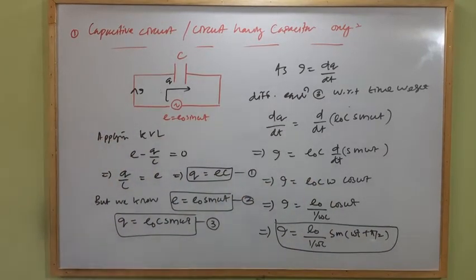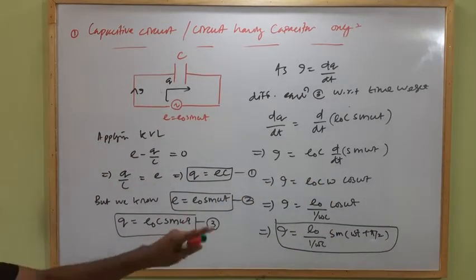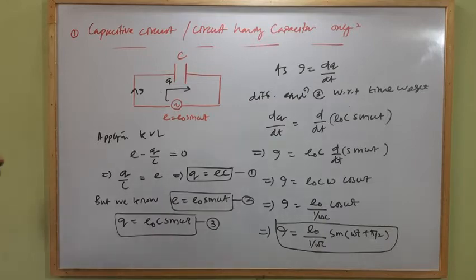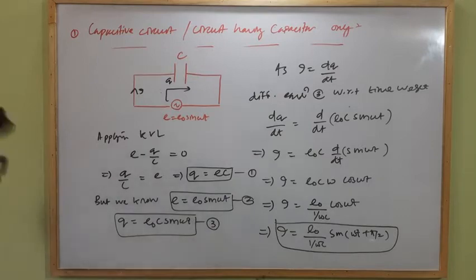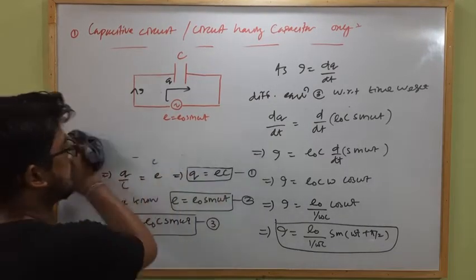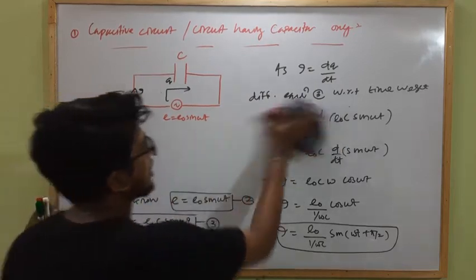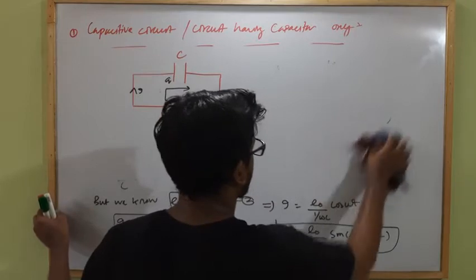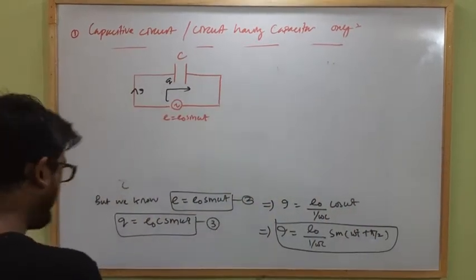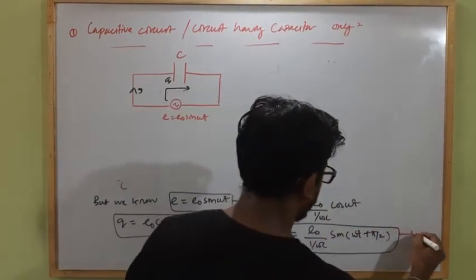So this will be the expression for I equal to E naught by 1 by omega C into sin of omega t plus pi by 2, as cos omega t can be written as sin of 90 plus theta. Let it be equation 4.